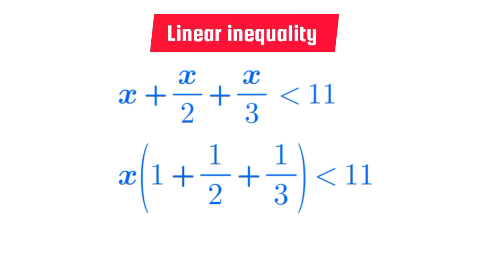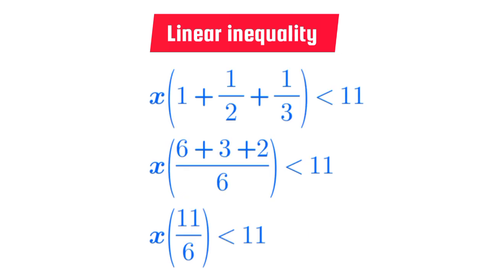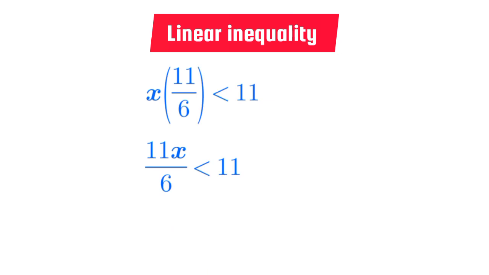So again, on the left-hand side, when we add the fractions in the parentheses, we have 1 plus 1 over 2 plus 1 over 3. And this simply equals 6 plus 3 plus 2 over 6, which is equal to 11 over 6. So we have x multiplied by 11 over 6 is less than 11. So we have 11x over 6 less than 11.